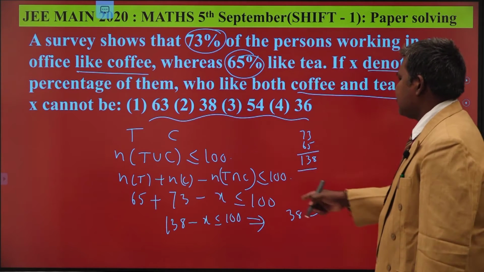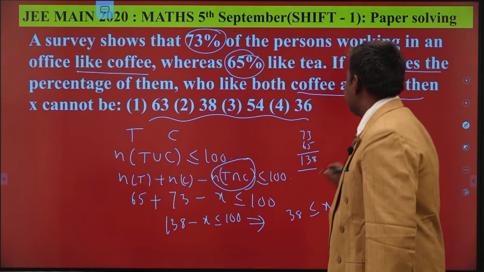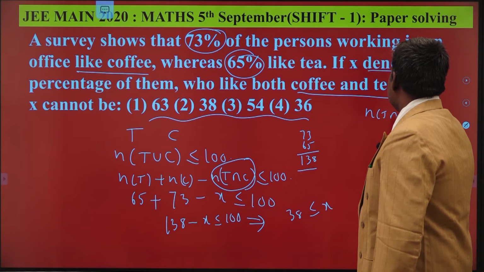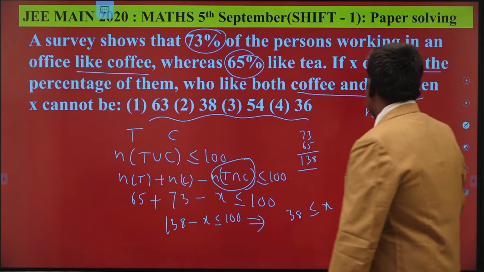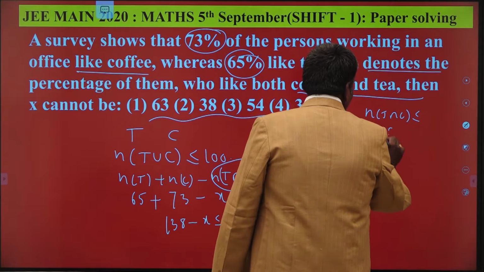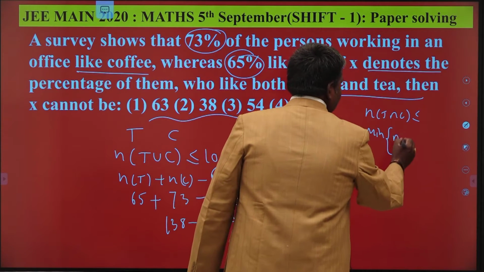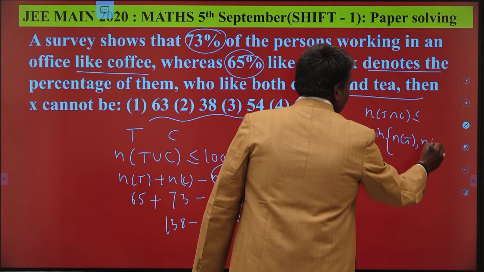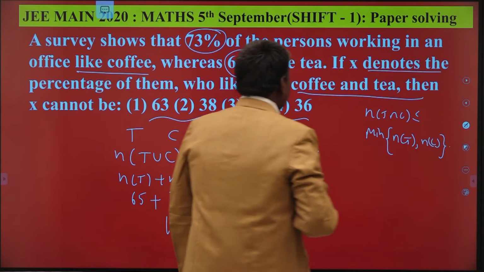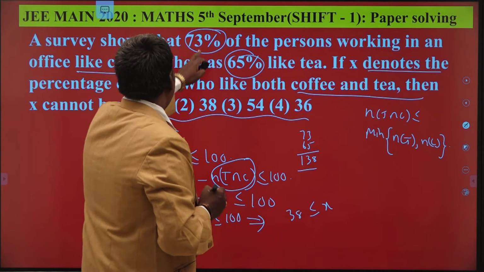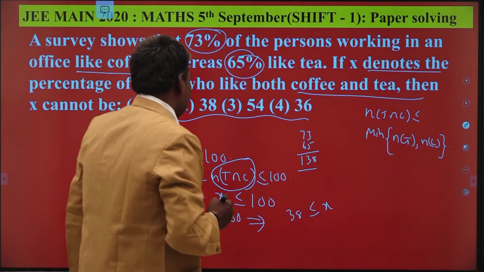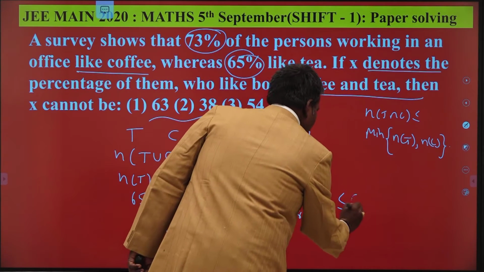What is x? x is nothing but n of T intersection C. n of T intersection C is less than or equal to the minimum of n of T and n of C. What is the minimum of 73 and 65? That is 65, so x is less than or equal to 65.